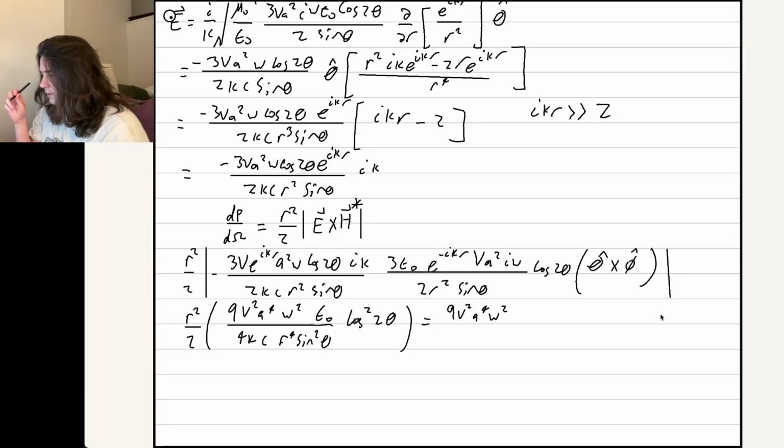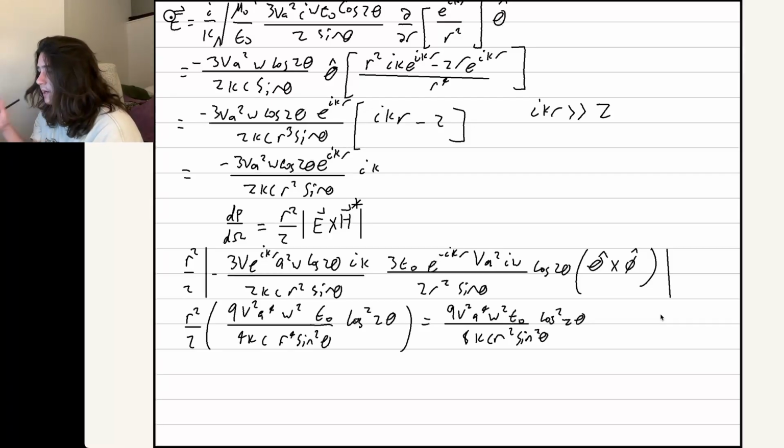So it's just square root of mu times epsilon. Man, I don't think it's much nicer at all. I'm going to leave it how it is. Epsilon over 4kc r squared sine, and actually 8 down on the bottom, sine squared 2 theta, and cosine squared 2 theta. I don't think it gets much nicer than that, actually.